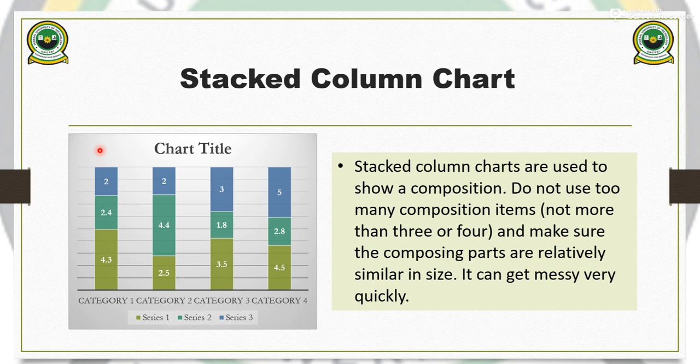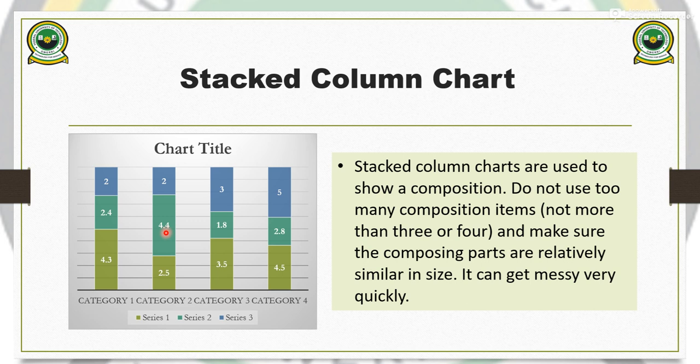You are looking at different variables, and then you say for category A, concerning this variable it is 4.3, concerning this variable it is 2.1, and then concerning the other variable it is 2, and so on and so forth. Then the same thing comes in category B, that in category B there are 2.4 girls, 4.4 men, and then 2 children, and so on.